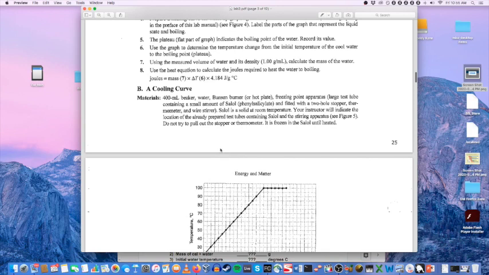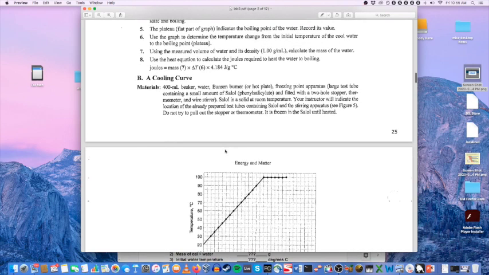It's going to have a stopper and a copper stir rod and a thermometer in it, which will be frozen in place by the solid salol. Then I'm going to heat it up to 70 degrees Celsius, and we will observe it go from solid to liquid. And then we will start the timer once it reaches 70 degrees, and I take it off of the heat.